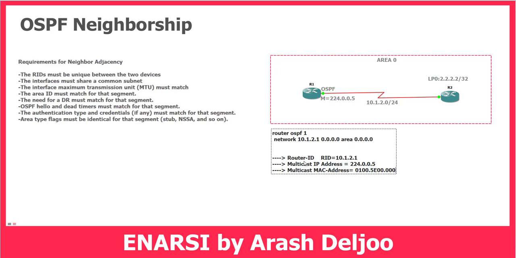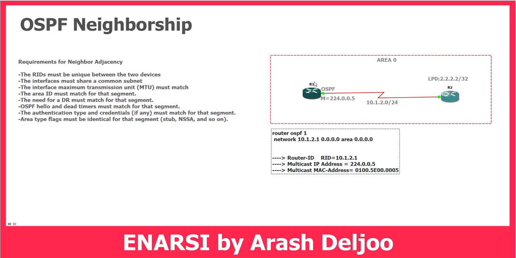This means that after configuring the OSPF, you will have this multicast IP address, 224.0.0.5, on this interface, on the serial 1/0, and also we will have a multicast MAC address if that interface is an Ethernet interface. Because here we have a serial interface, we don't have this multicast MAC address, but if the interface is an Ethernet interface, we will have this multicast MAC address.